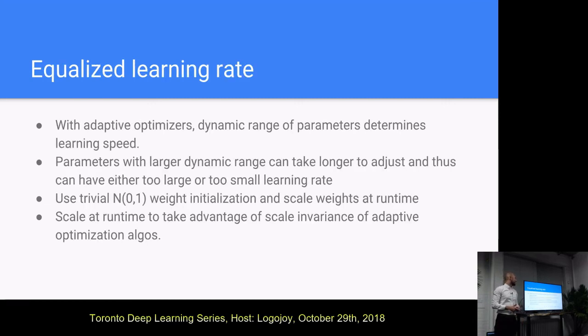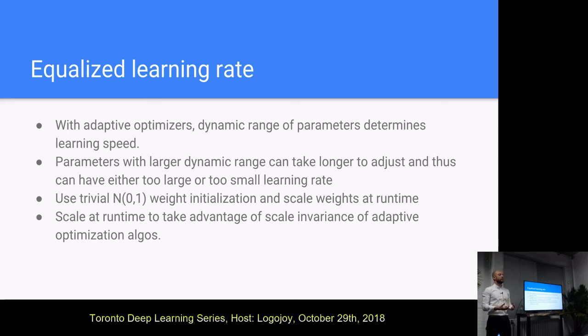Equalized learning rate, we're saying with adaptive optimizers like Adam, the dynamic ranges of parameters determines their learning speed. From there, we have parameters with larger dynamic ranges can take longer to adjust, and thus they can either have a learning rate that's relatively too fast or too slow.